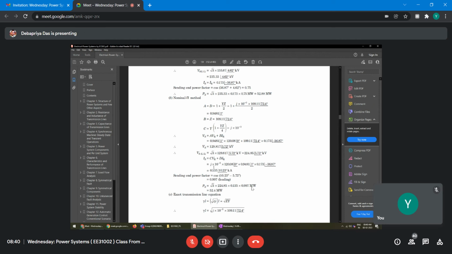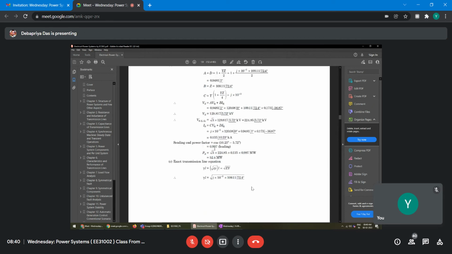Put all C, D, VR, IR, and you will get IS. Similarly, the sending end power factor: IS angle is 10.23 degree and VS angle is 5.72 degree. So both are above the reference line, not with respect to the reference line.